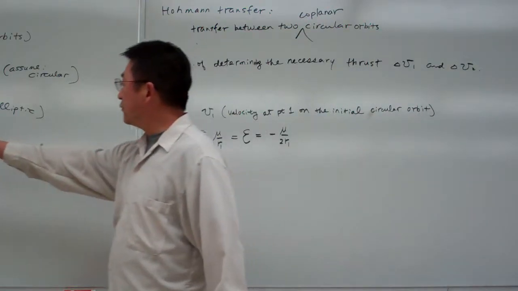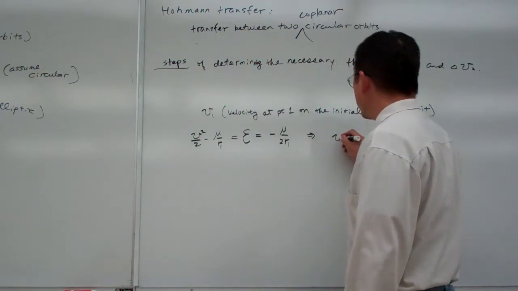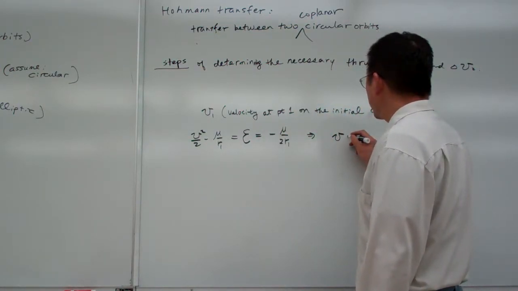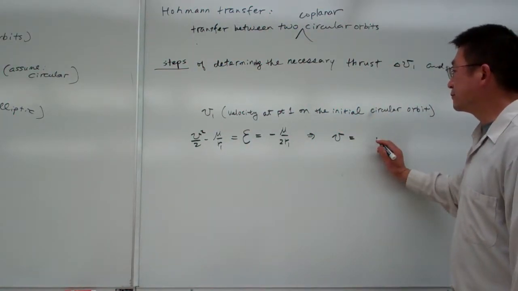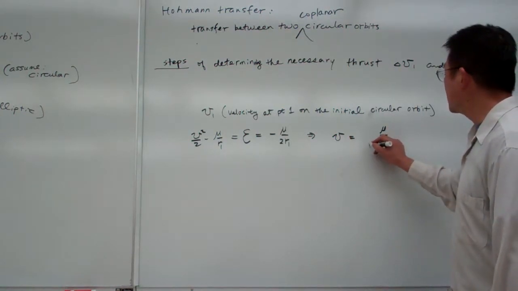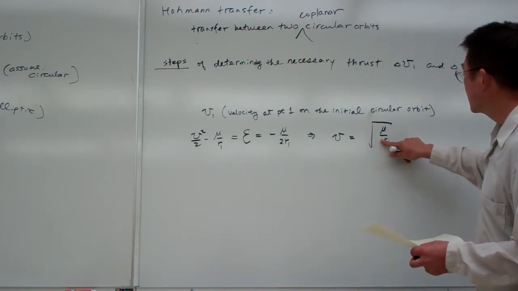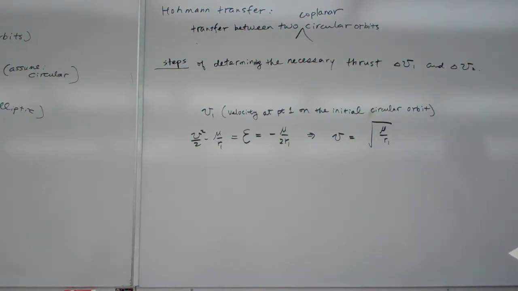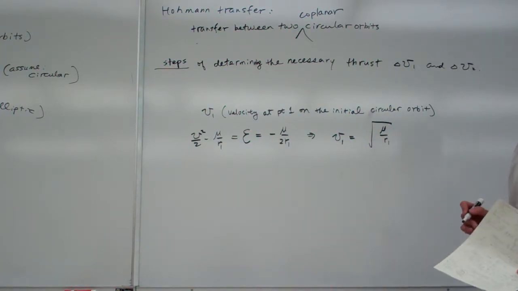Because here for R we have R1, we can determine V will be equal to the square root of mu over R1. Sorry, this one. Okay, so that is the velocity V1 here.